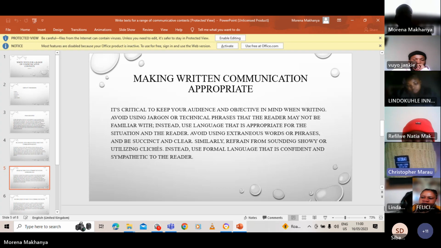Avoid using extraneous words or phrases and be succinct and clear. Similarly, refrain from sounding showy or utilizing clichés. Instead, use formal language that is confident and sympathetic to the reader.